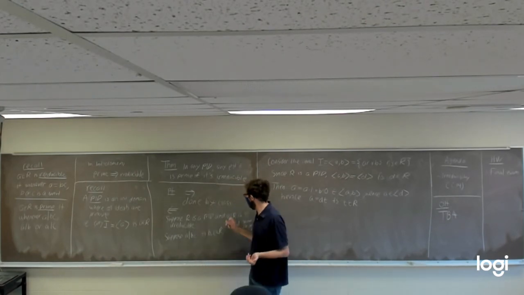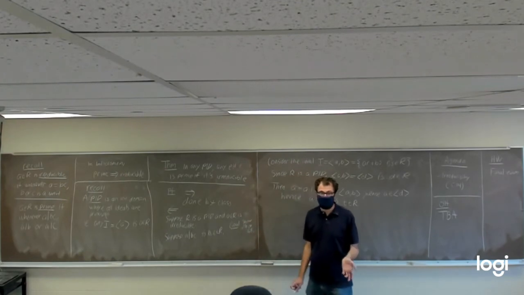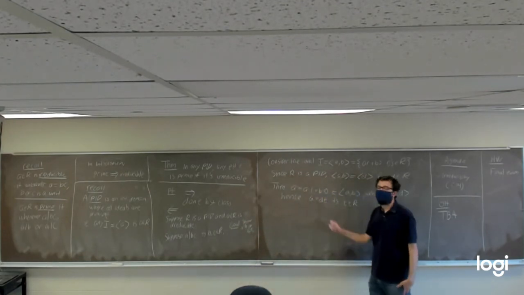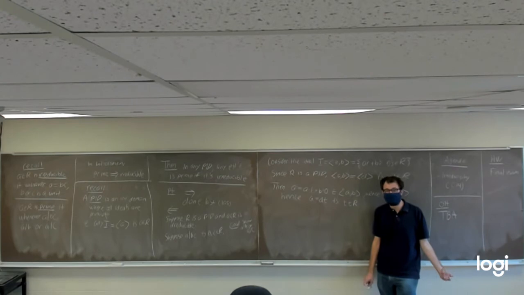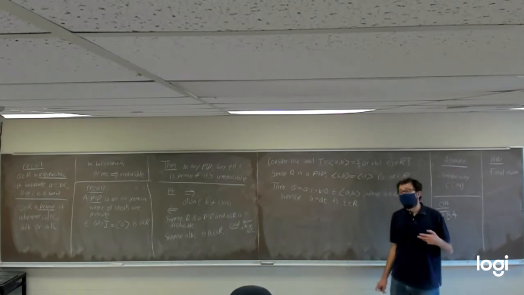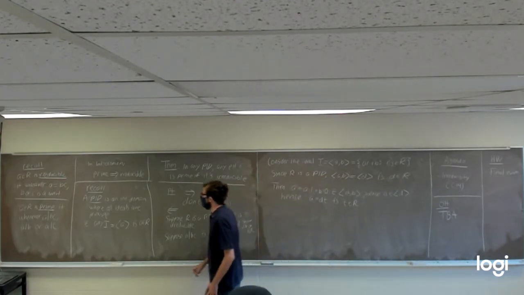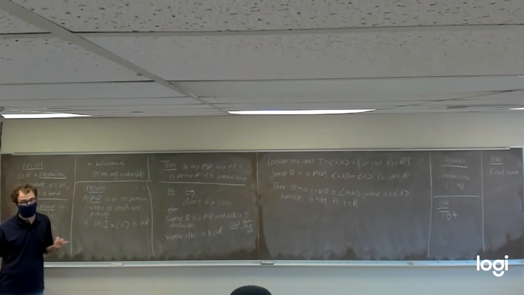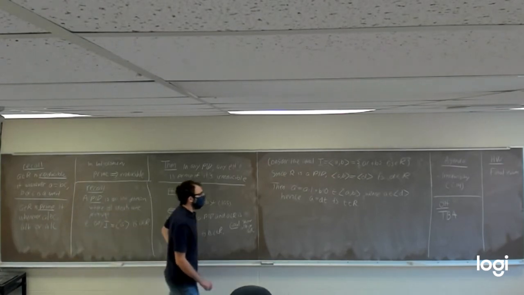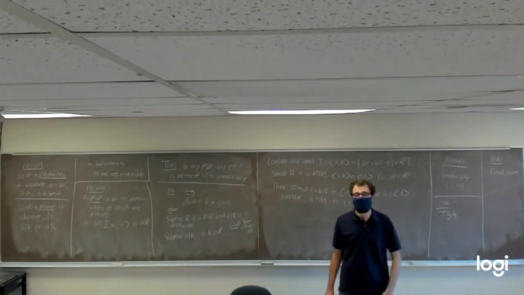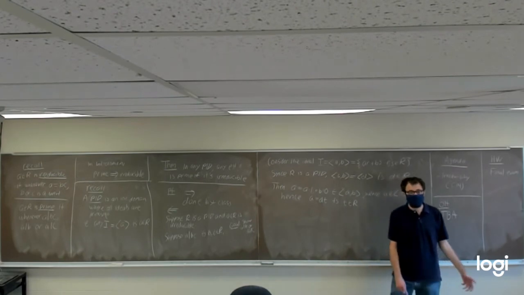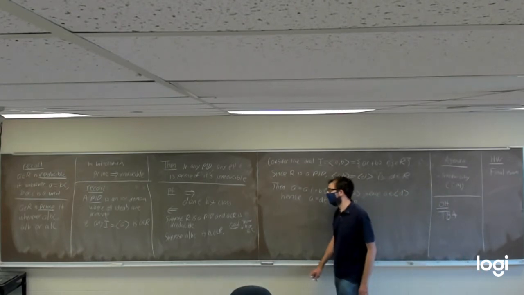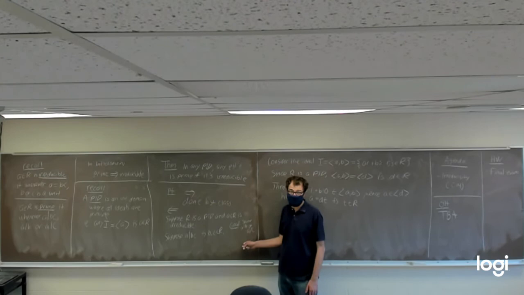We assume A is irreducible to start with. If A is irreducible and A is equal to D times T, what does that imply? That implies one of these two elements, either D or T, has to be a unit, because that's what it means to be irreducible. Anytime you're the product of two other things, one of those things is a unit. And here, we're going to have to split things up into two cases. One where D is a unit, and one where T is a unit. Our ultimate goal, remember, is to show A divides B or A divides C.